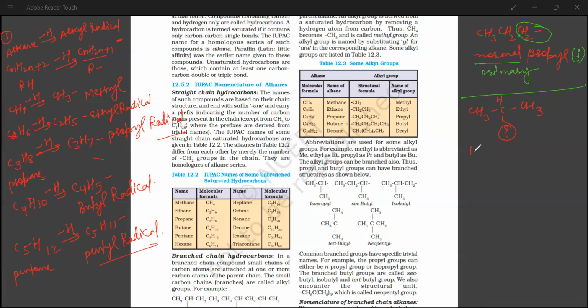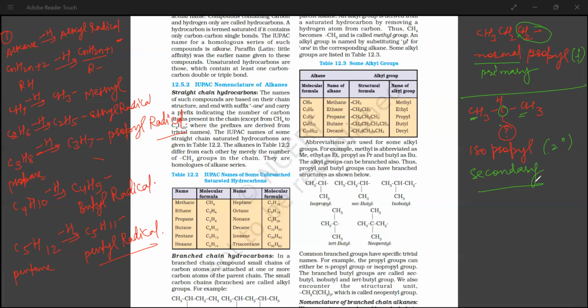See, where valency is available, this is the point. And on this carbon, how many carbon atoms are attached? 2. So this will be 2 degree, that is secondary. So normal propyl is a primary radical and isopropyl is a secondary radical or 2 degree radical.